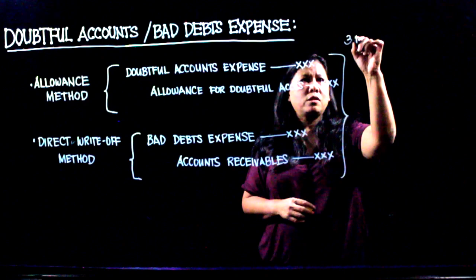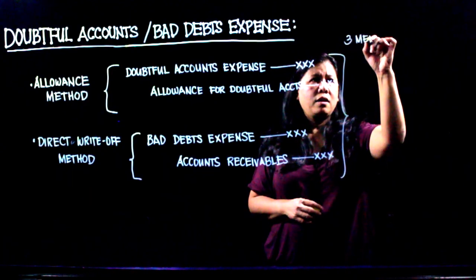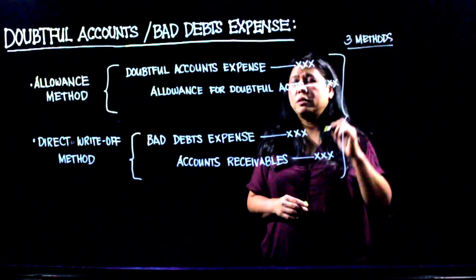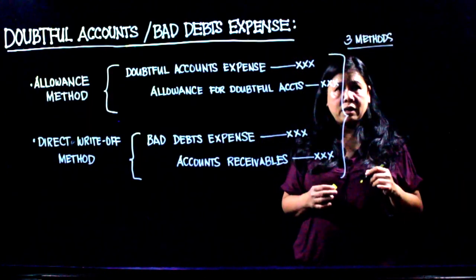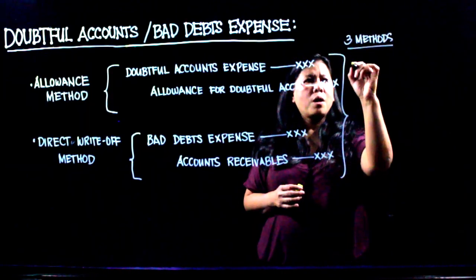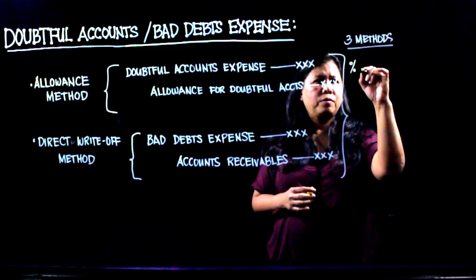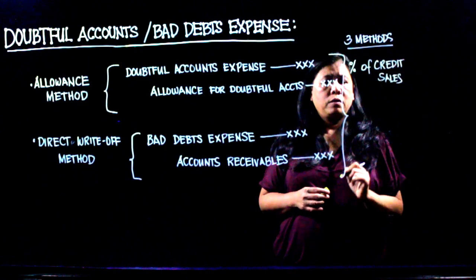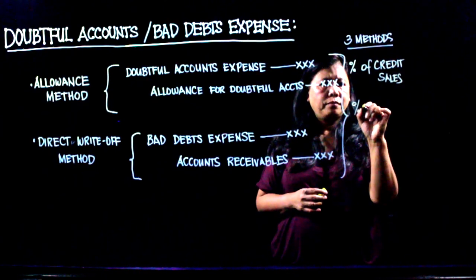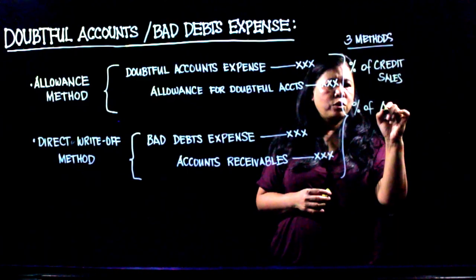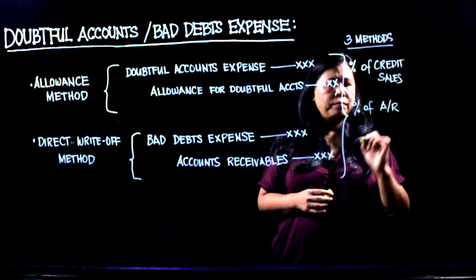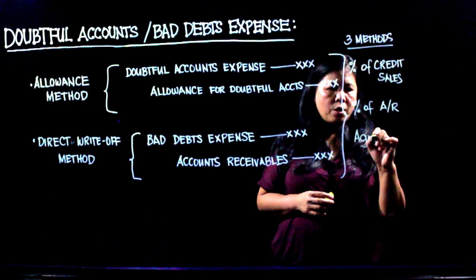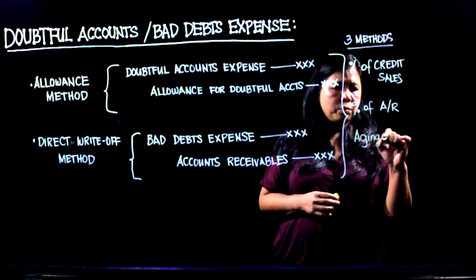These are percentage of credit sales, percentage of accounts receivable, and aging of accounts receivable.